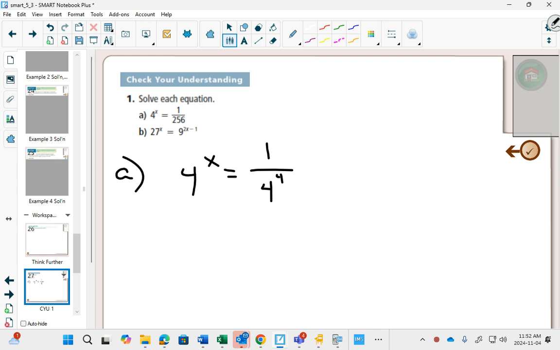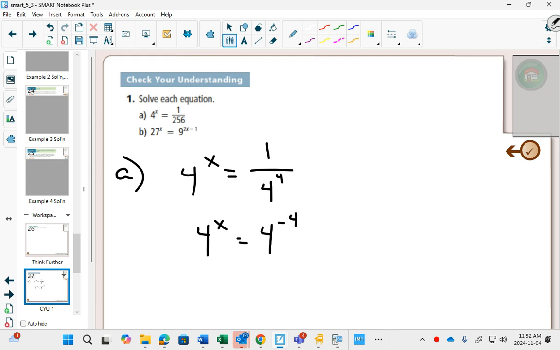Now my goal is to write both sides with the same base. I'm close, but unfortunately this 4 is in the denominator. Do I have an exponent rule that would let me move it to my numerator? That's my negative exponent rule. So 1 over 4 to the 4 is 4 to the negative 4.